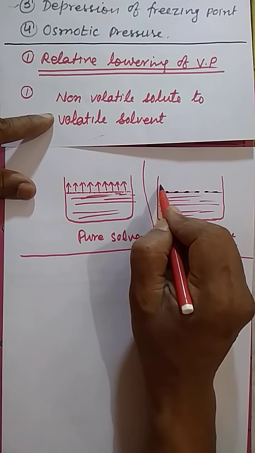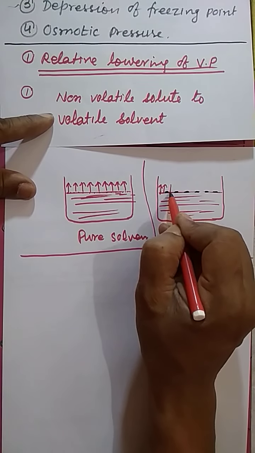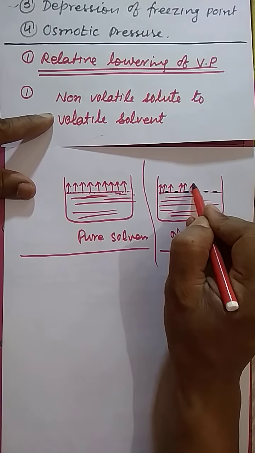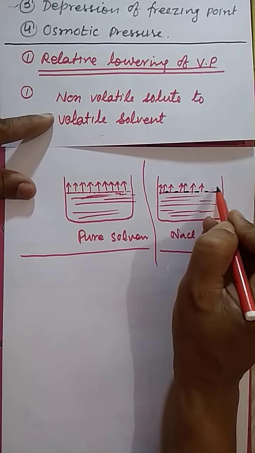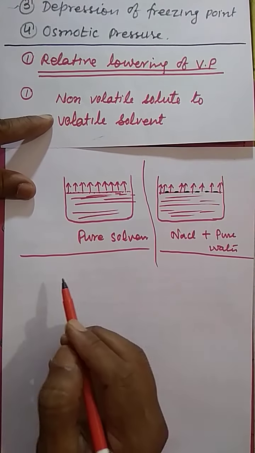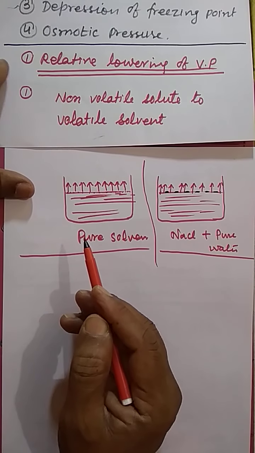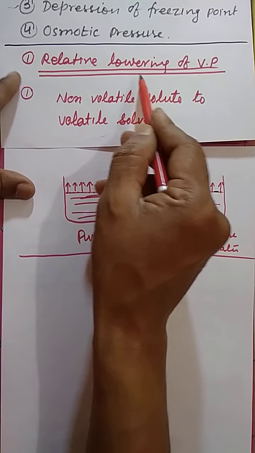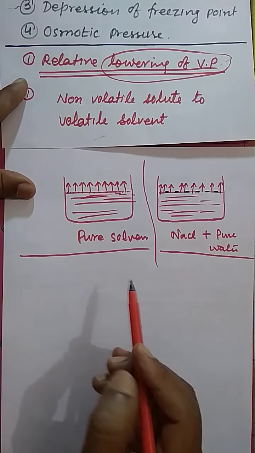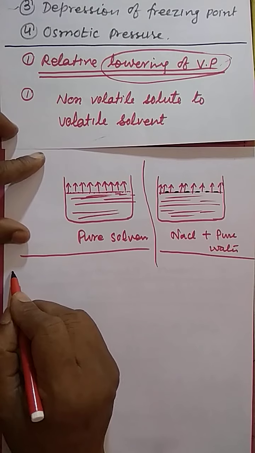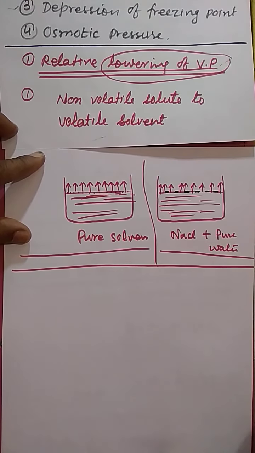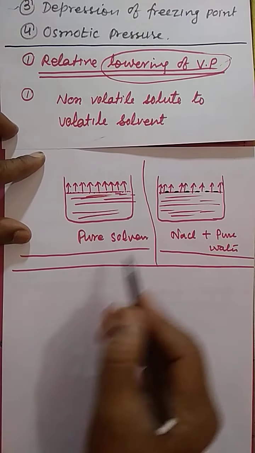So evaporating surface area decreases after adding non-volatile solute. So its vapor pressure decreases. So the first colligative property is relative lowering of vapor pressure. When we add non-volatile solute, then definitely there is a decrease in vapor pressure due to that reason.